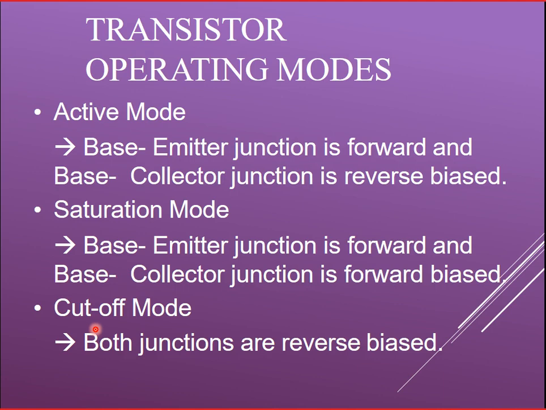Saturation mode means an on switch, and cutoff mode means an off switch. That's why, for the off switch, both junctions should be in reverse bias, and for the on switch, both the emitter base junction and collector base junction should be in forward bias.